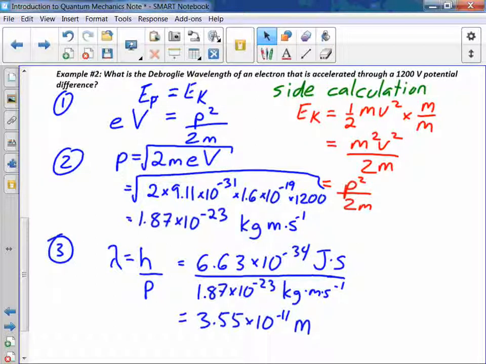Meters, meters, seconds. You can break it out even further and break newtons down into kilogram meters per second squared. There we go, I got it.